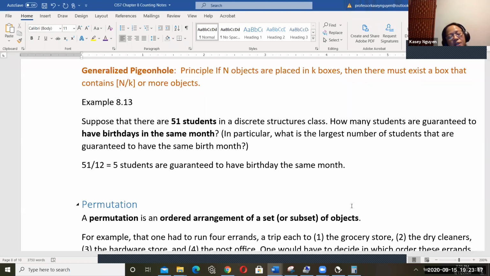So for permutation, a permutation is an ordered arrangement of a set or a subset of objects. Now in the C++ library, if you use algorithm, you would see that there are multiple functions used for permutation. What it does is it creates variations of the output from the given values as elements based on the previous, the first, or the last.